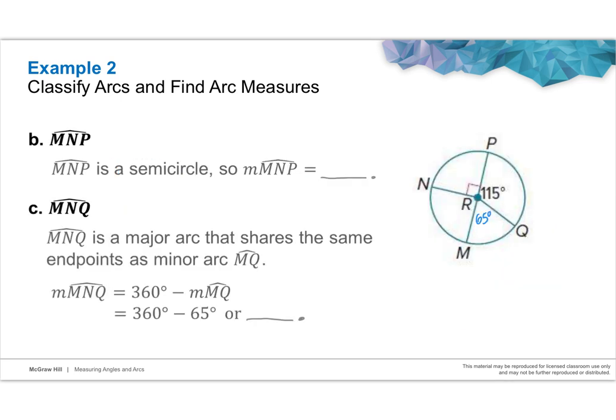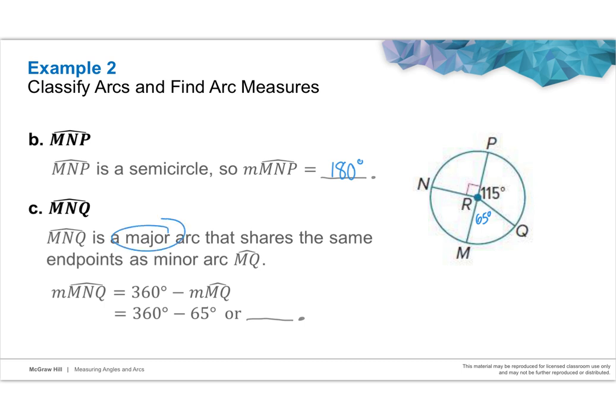For part B, arc MNP, we can see that that is a semicircle, so its measure is 180 degrees. And then for part C, arc MNQ, think about tracing that with your finger, M, N, all the way around to Q. Well, that's more than 180 degrees, so this is a major arc.